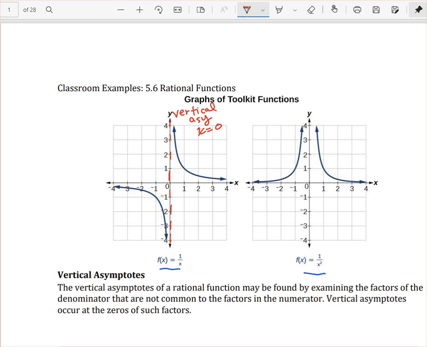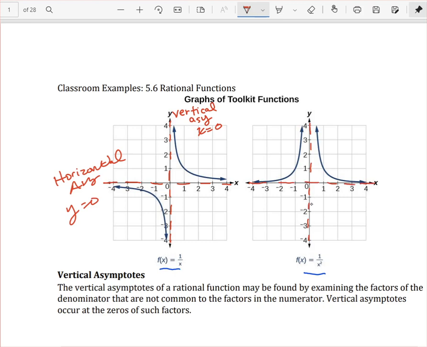Another asymptote that this graph has is a horizontal asymptote, and that's going to be at y equals 0. Again, the graph gets very, very close to this line, but it's never going to cross it or touch it. And this graph has the same asymptotes here.